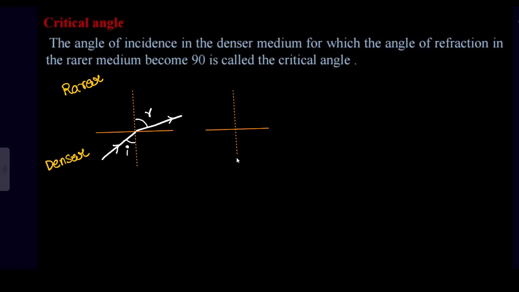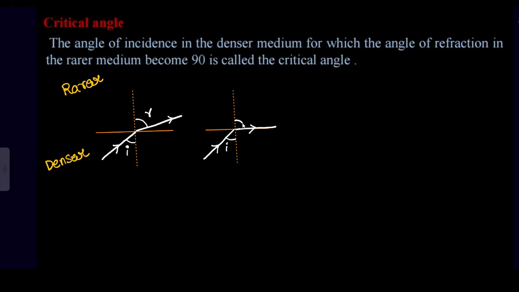Yes, the light ray will bend further, and it will almost come to the x-axis. So now I'm increasing my angle further, and this light ray will become like this. It will lie only on the surface.